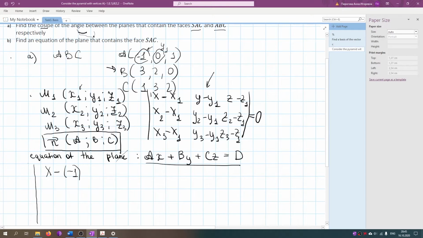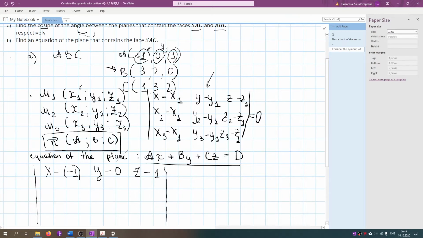We will write here y minus, and y1 is equal to 0, so we'll just write 0. The next coordinate, 1, we will write z minus 1.